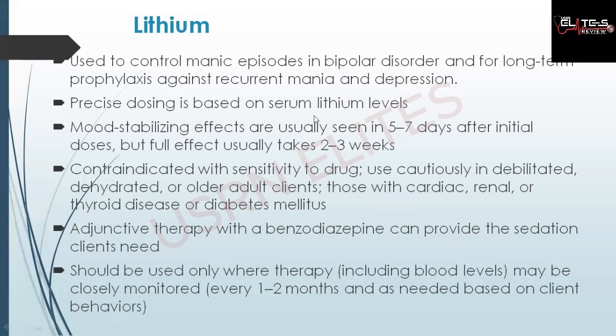Precise dosing is based on the serum lithium levels. Mood stabilizing effects are usually seen in 5 to 7 days. So within 1 week for lithium, you should see the effects after the initial dose has been given. But the full effect is seen within 2 to 3 weeks.